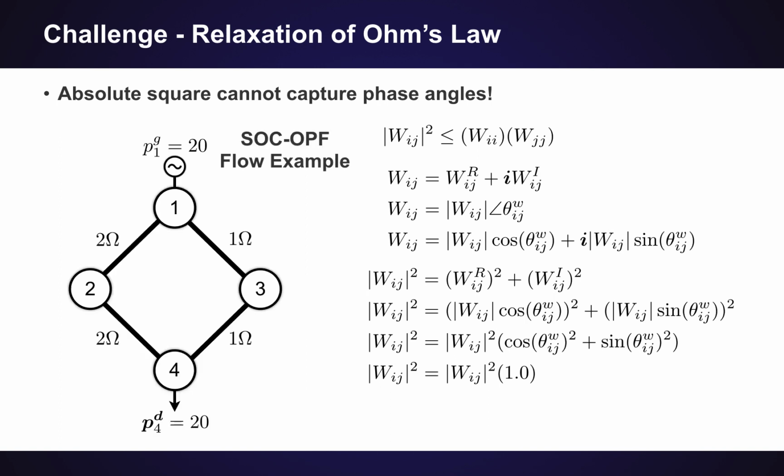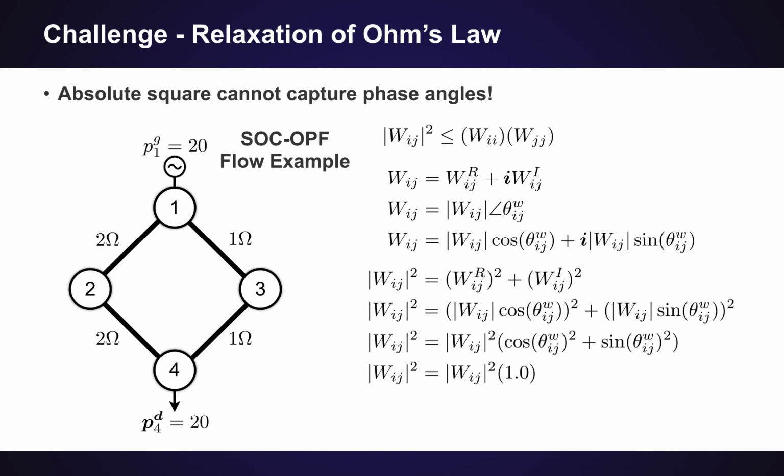So what does this mean for power flow relaxations? Let's think of an intuitive example of the second order cone relaxation, which we've talked about in this lecture. The key thing here is that we know because of Ohm's law, in a network like this, the power should split relative to the resistance on these lines.